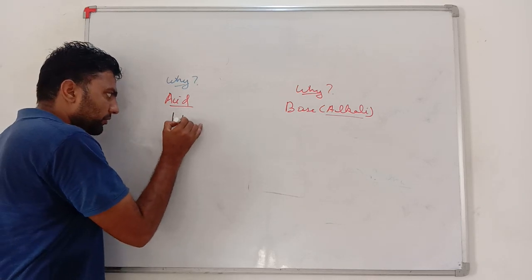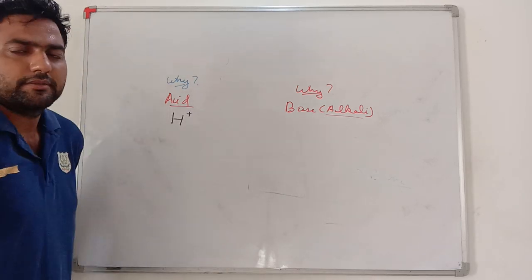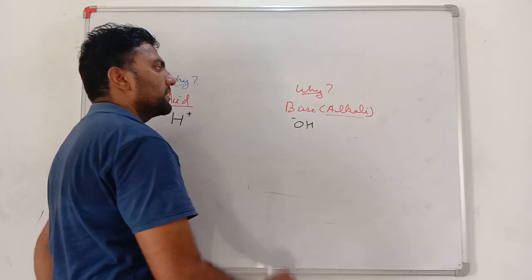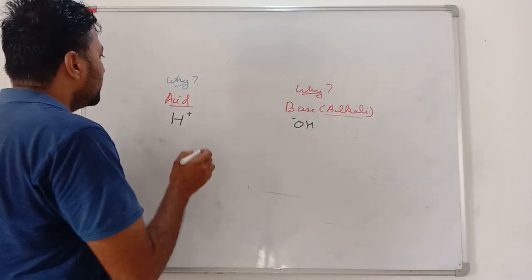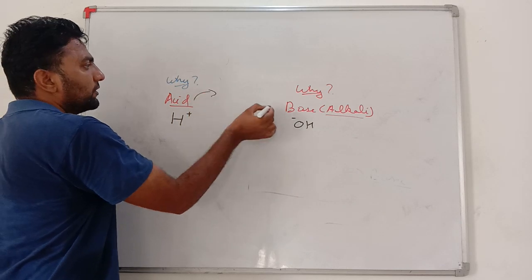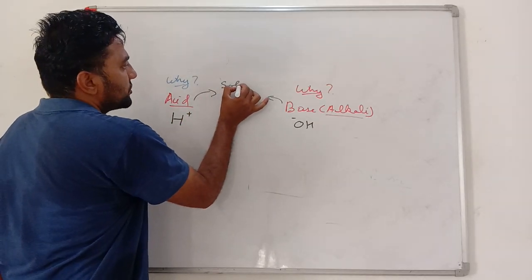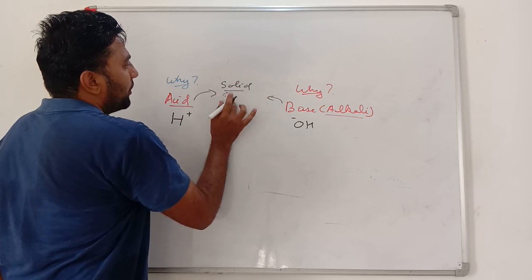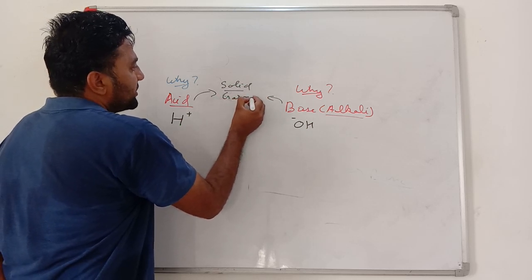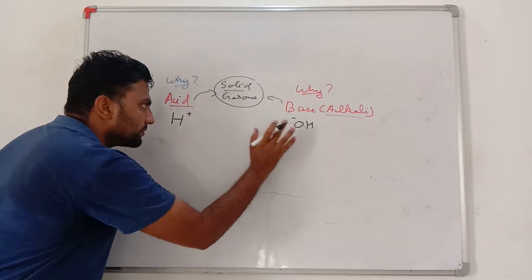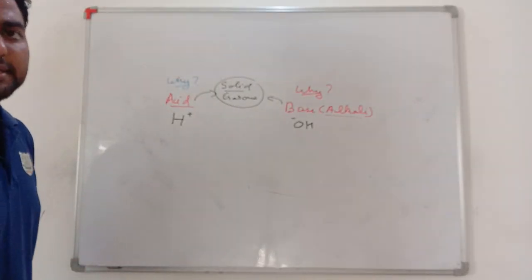All the acids have H plus ions. All the bases have OH minus ions. Very important. But if acid or base is in solid or gaseous form, they are unable to give H plus or OH minus ions.